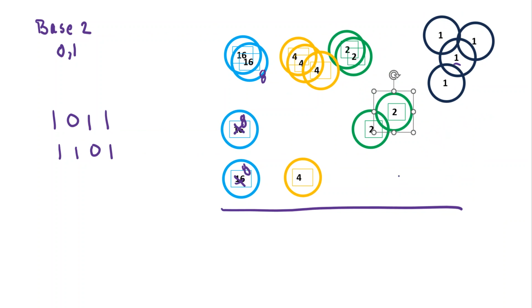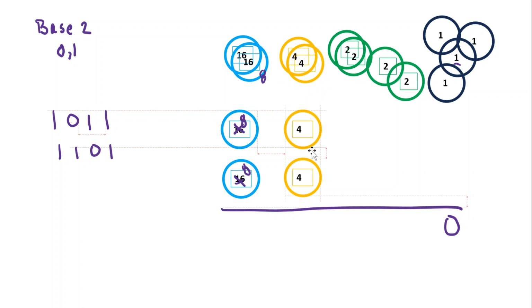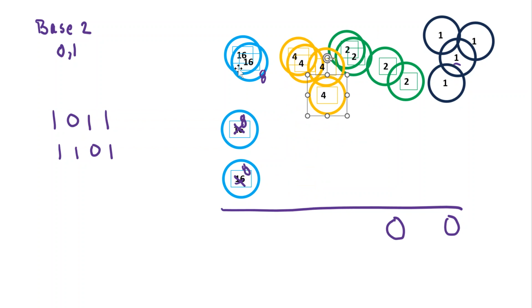So far I know I have 0 here because I traded it in. But the 2s, I have 2 of them, so I've got to trade them in, put them back, and pull out one of the next ones, which is a yellow. So in this place I have 0. Oh, I can't have 4 of these, so I'm going to put 2 of them back and trade it in for the next one, which again is an 8.